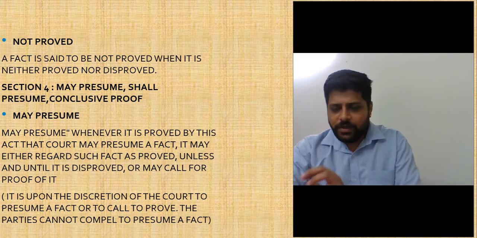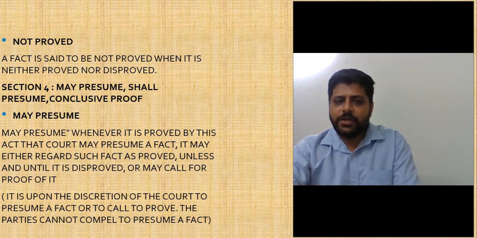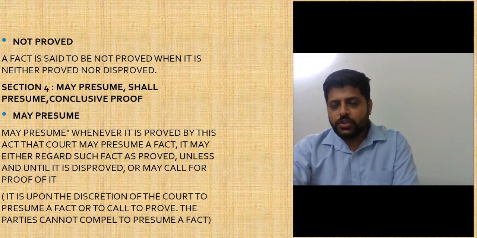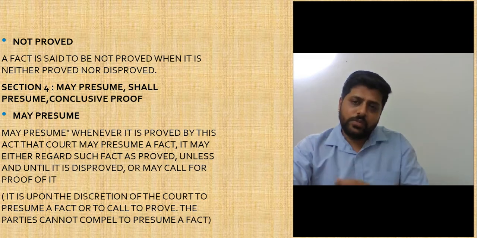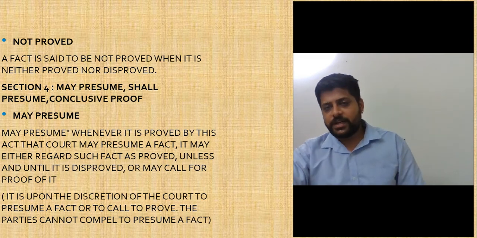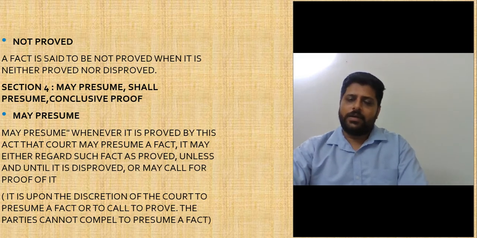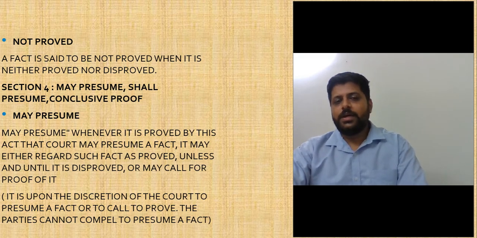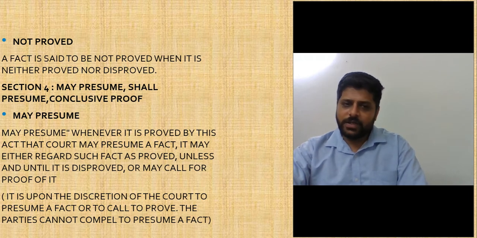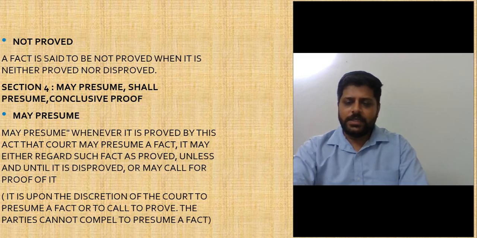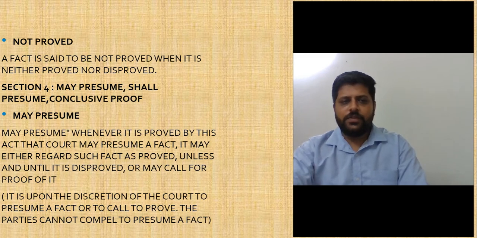The party cannot compel the court to presume a fact, that yes, this fact exists, or this fact does not exist. It is the discretion of the court to presume the fact, and then it will call for the proof.